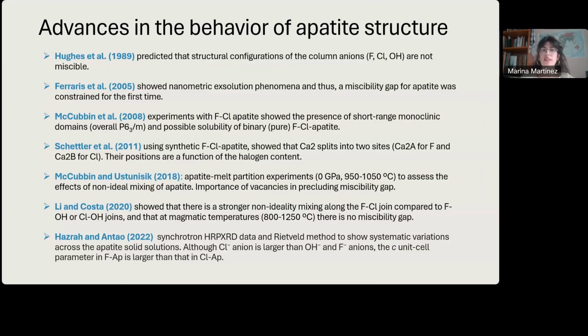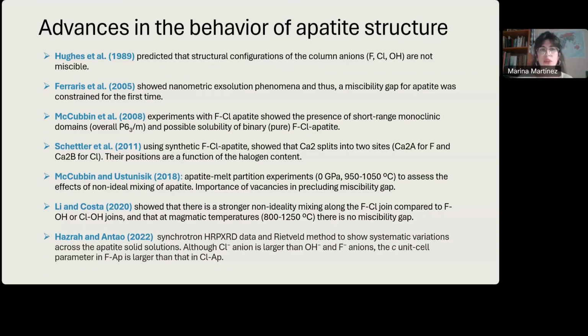Since Hughes 1989, who predicted that the halogens are not miscible, Ferraris et al. showed for the first time an exsolution phenomenon, with different domains for fluorine and chlorine in the structure, and they also showed that, even at a smaller scale, there were elastically coherent domains within the host apatite.